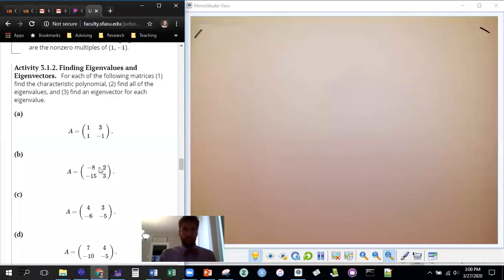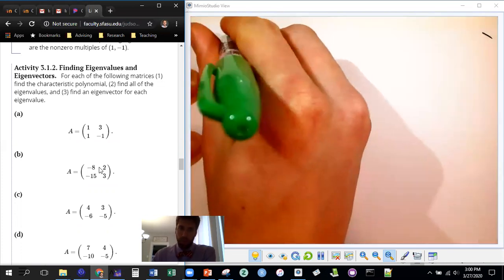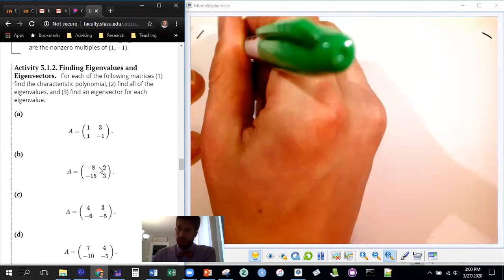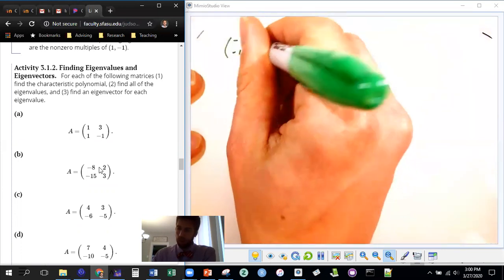Okay, we're going to do part B of activity 312 now. In this case, we have the matrix [-8, 2; -15, 3].